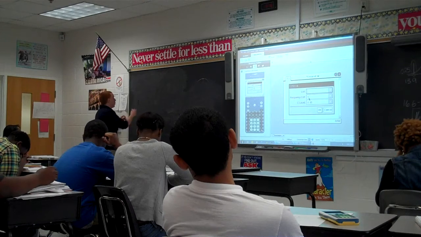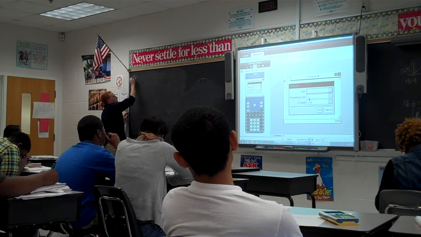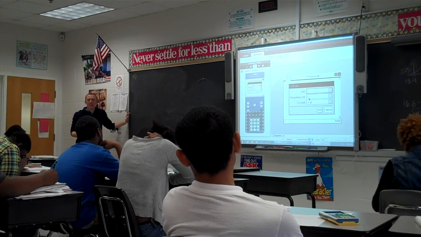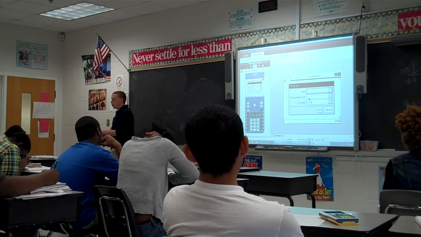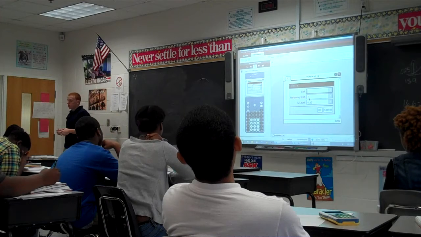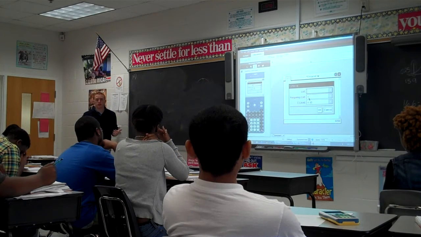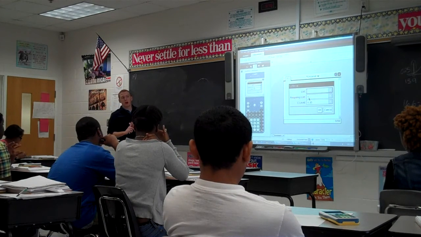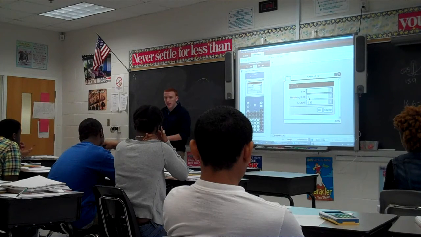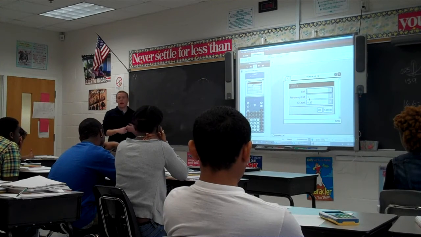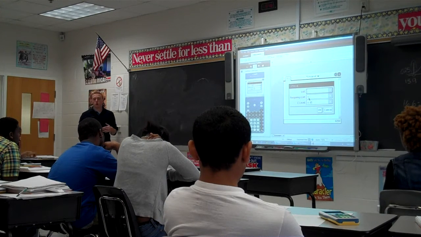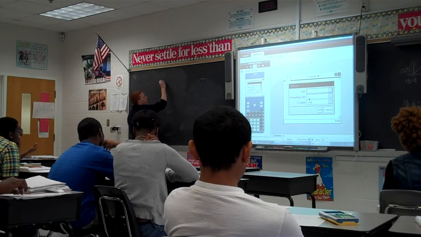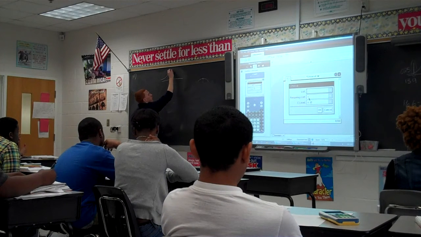It lets us know that any sample we take is going to be normal, because our population is normally distributed. So we know any sample, regardless of the size, even if it's less than 30, will be normally distributed. So if it's normally distributed, I can draw my bell curve.